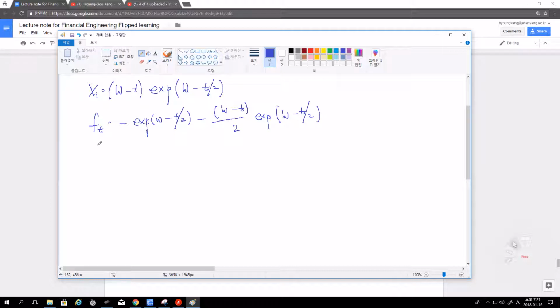And then if we take the derivative with respect to w, well, this is very tedious, right? The exponential of wt over 2. And then plus, we take the derivative of this one, so basically it's the same xt, right?